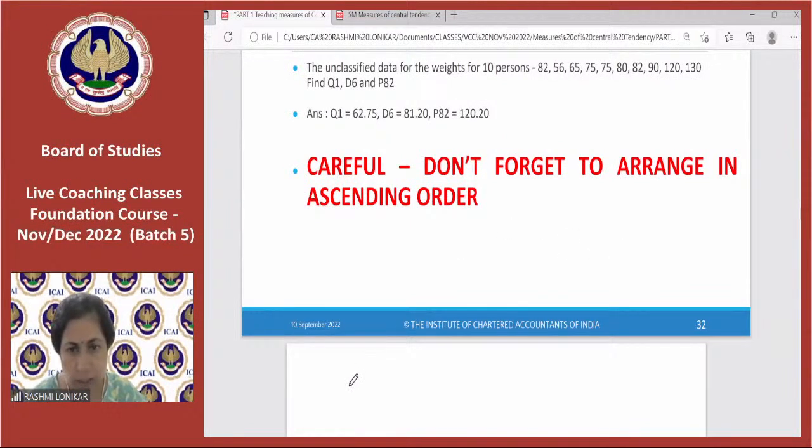Now let us arrange this data. 82, 56. What is the smallest number? 56.